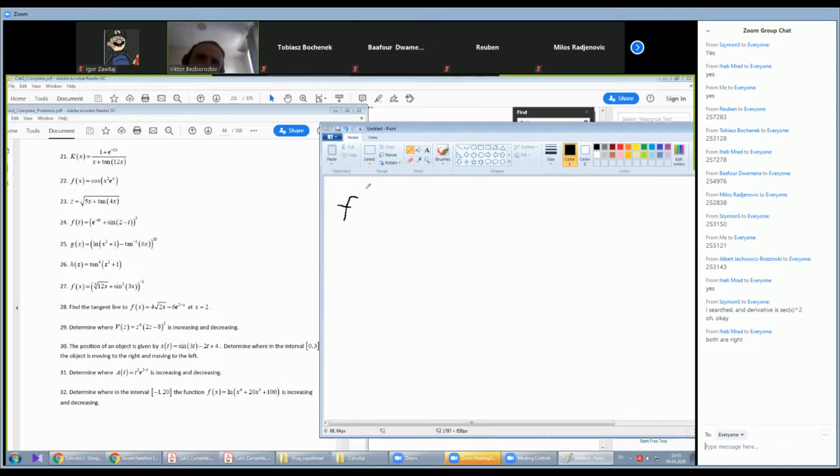So f prime equals to, so the natural logarithm. The derivative of natural logarithm is 1 over x, right? So here we have, instead of x, this polynomial plus 20x cubed plus 100.